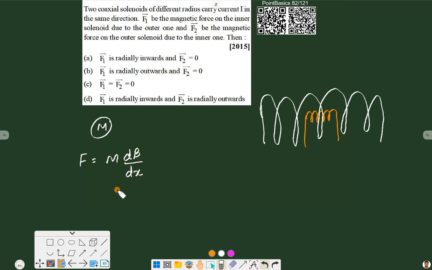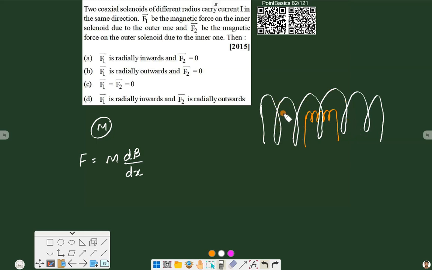Now let us consider this orange, smaller solenoid inside the bigger solenoid. We know that inside a solenoid the magnetic field is constant.